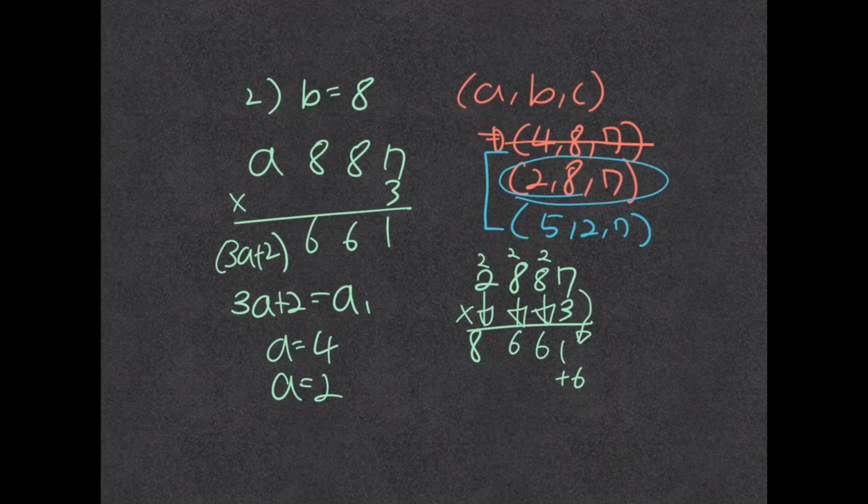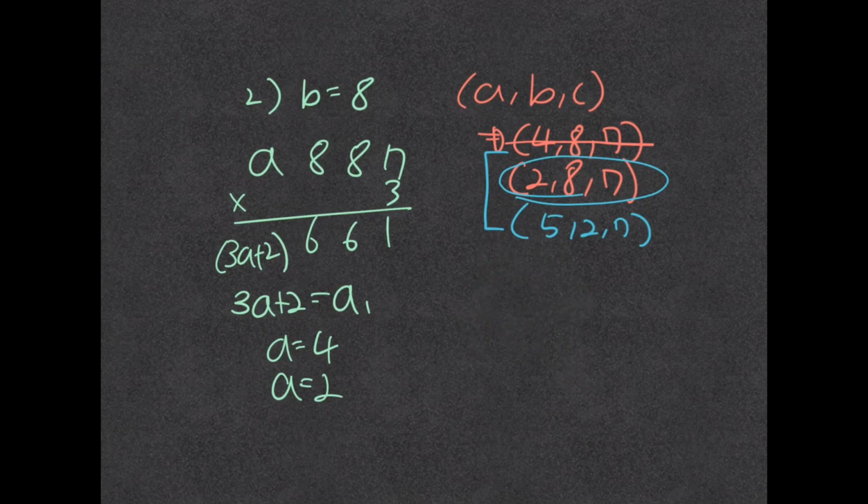And then, last but not least, we will need to check the last answer of 5, 2, and 7 for each A, B, and C. So let's check. 5, 2, 8, 7 times 3. 1, 2, 6, 2, 8, 1, 5.